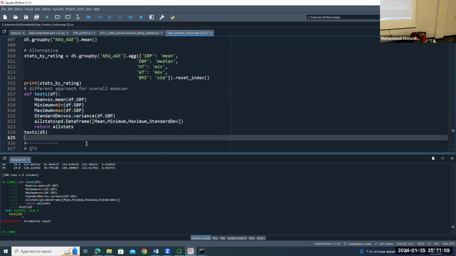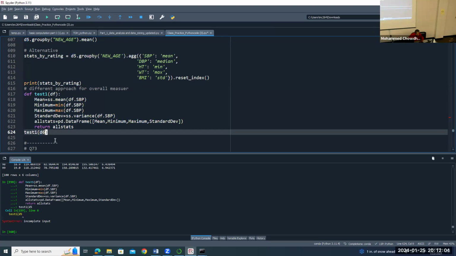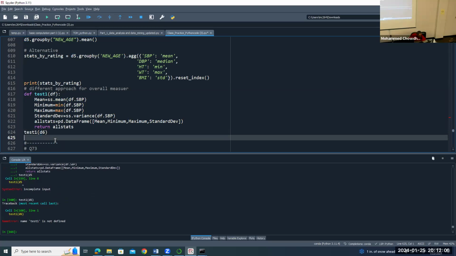Why did I not get it in there? Okay, so maybe I have to put here 6, let me see. Test one is not defined.